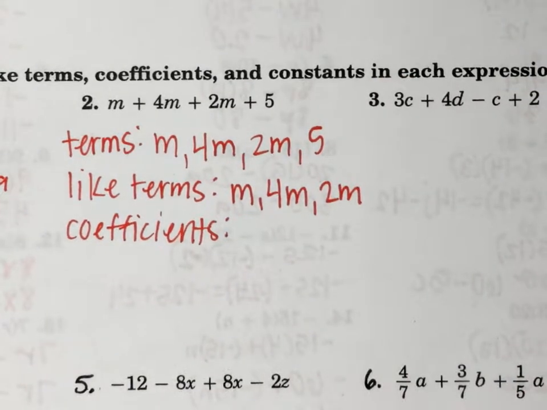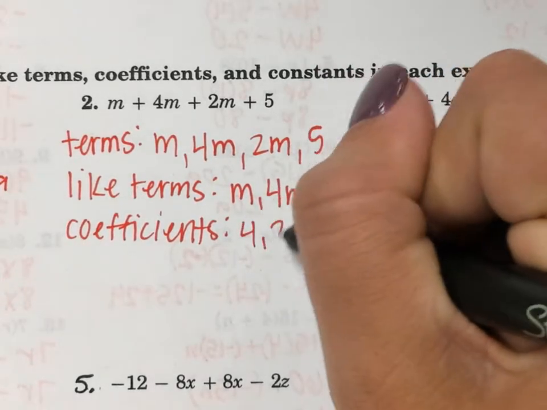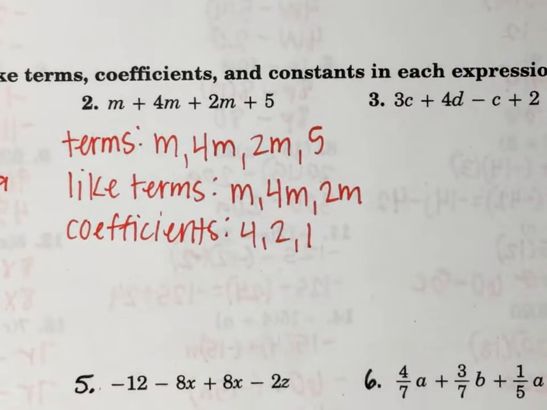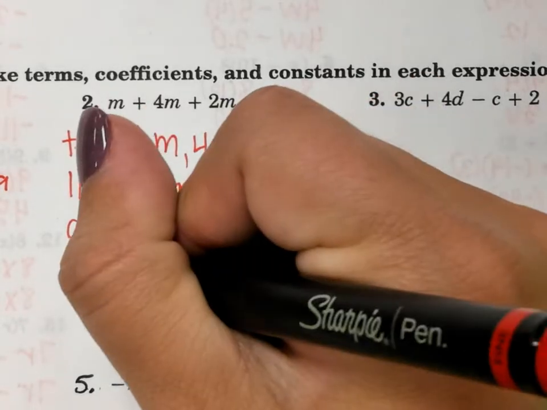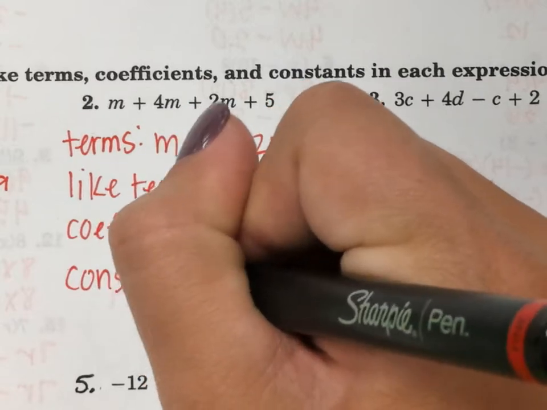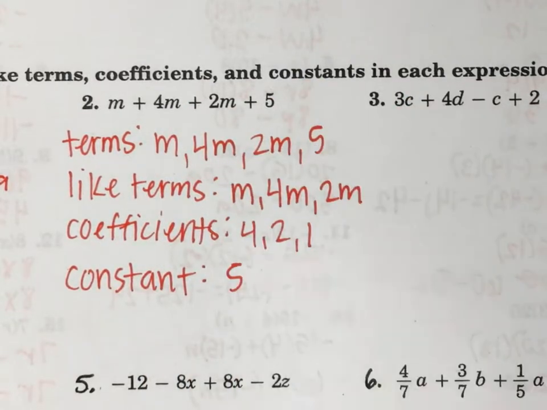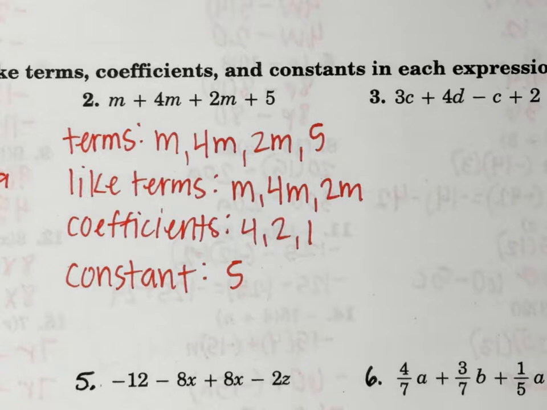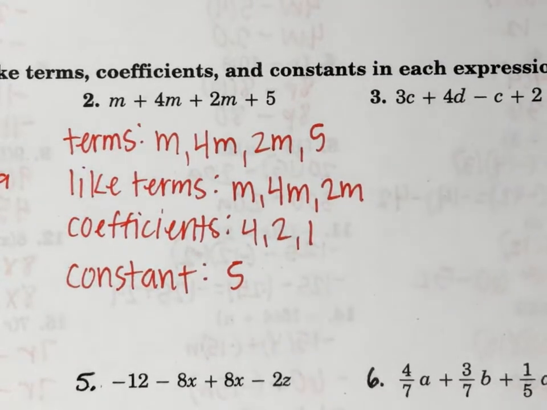What are my coefficients? Good. 4, 2, and 1. Do I have any constants? Yes. What? 5. Good. Constant is 5. Any questions so far?